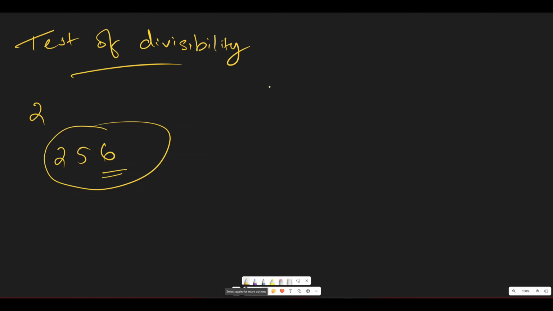Then divisibility by 3. If a number is given and we have to find out whether it is divisible by 3, then we have to check that the sum of the digits of the number is divisible by 3. Okay, for example, 1221.